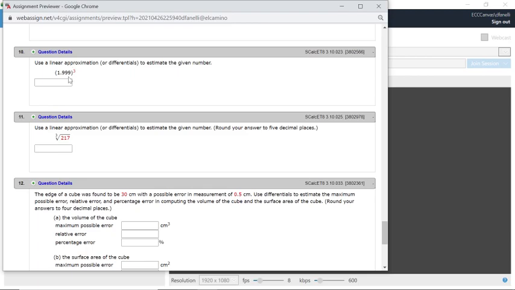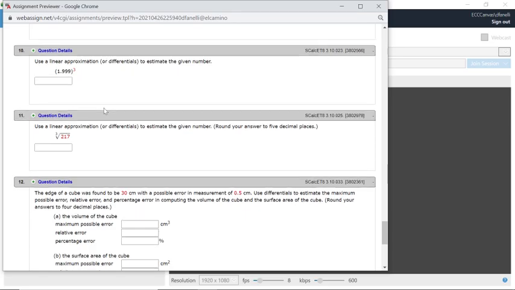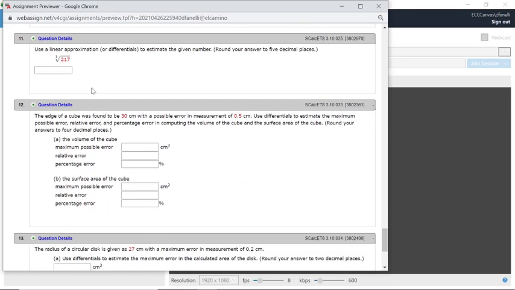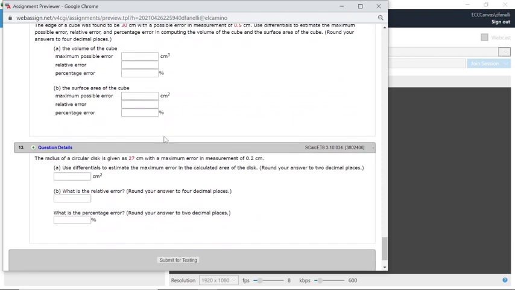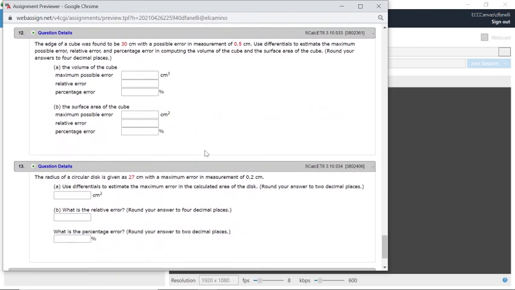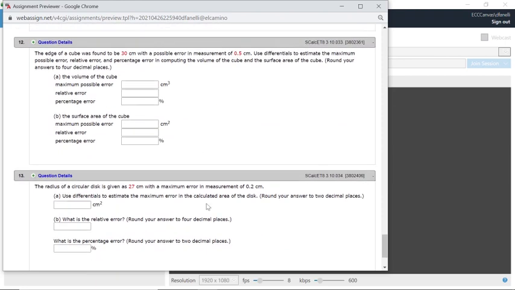It's finding a function f of x that could be used to approximate this. Okay, so that this is in a neighborhood nearby to some other fixed value that would be a convenient number that you wouldn't need a calculator to evaluate. Okay, the same for this. And then, well, a couple exercises using differentials in order to estimate maximum error, relative error, percentage error.